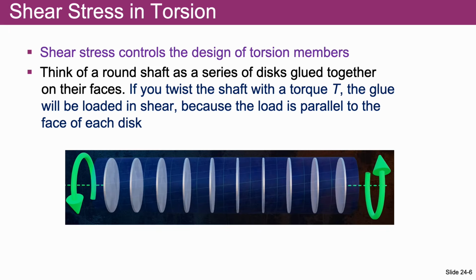Because please recall from our lectures that we analyzed last week, if the applied load is tangential or parallel to the corresponding cross-sectional area, in this case the type of the stress is shear stress. So this is the reason why the shear stress controls the design of torsional members and why the type of stress encountered in torsional loading is actually the shear stress.